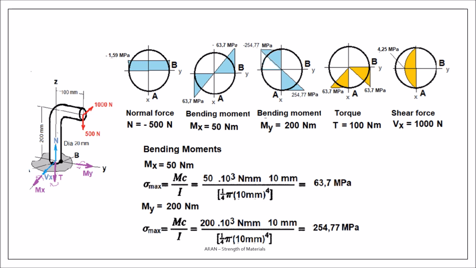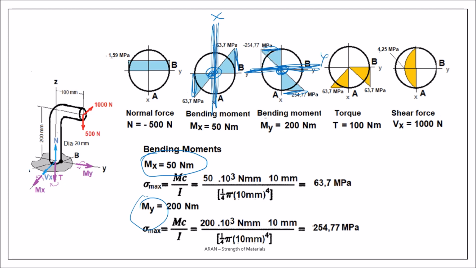Here I have a bending moment Mx. Mx means a bending around this axis, and I have My. My means bending around this axis. On the axis x, it's 0. On this axis, this is 0, and I have to calculate the values of the stresses caused by bending.